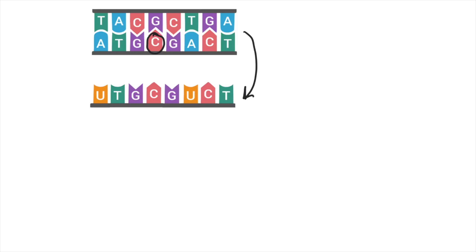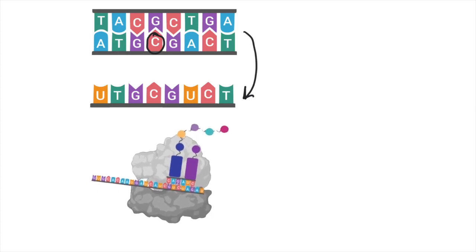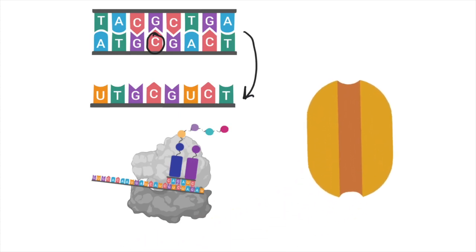In the case of cystic fibrosis, the change results in the formation of a different amino acid, and this results in the formation of a different carrier protein during the process of translation. So CFTR, which is the carrier protein of chloride ions, becomes blocked due to this genetic mutation in the DNA.